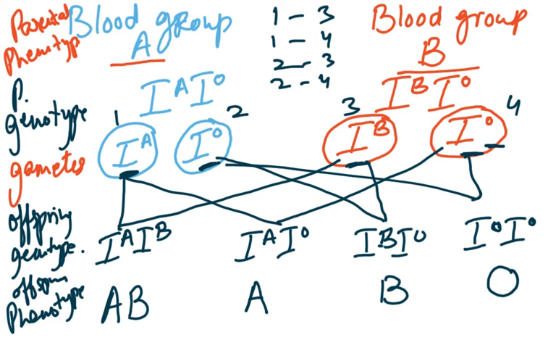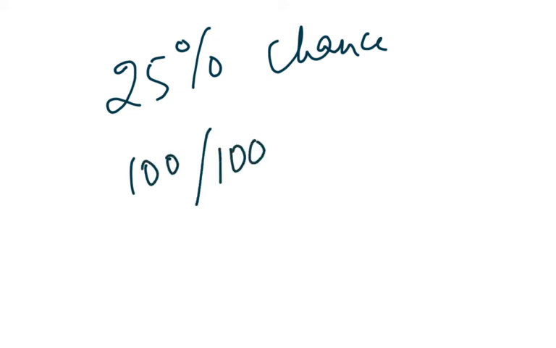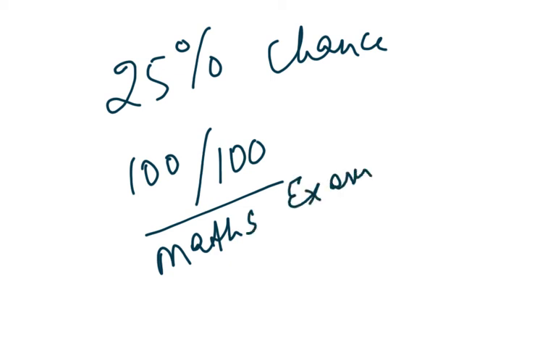And I give you a very simple example. I say you have a 25% chance of getting 100 out of 100 in your maths exam. Quite difficult. But I let you only take the exam 4 times.